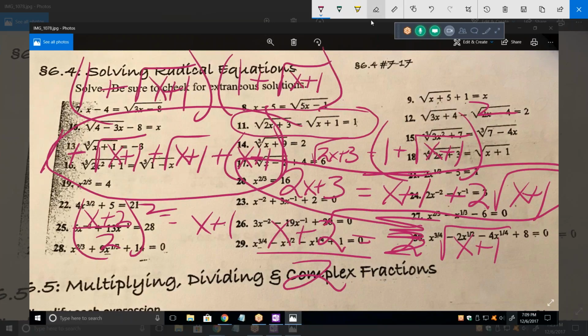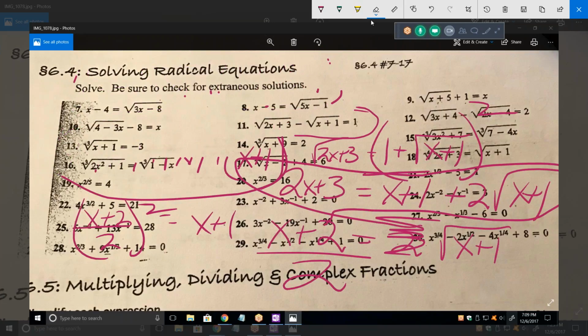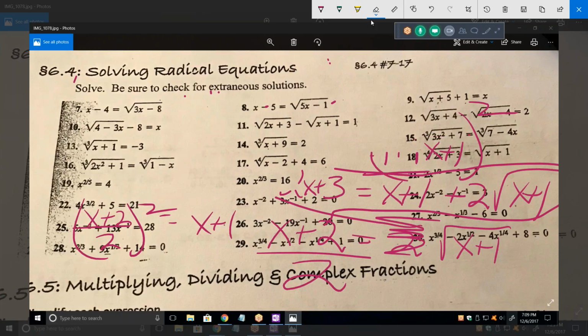Let me erase some stuff here. One problem is I write really big, and these pages aren't big enough for me. I really think writing big is good for teaching, as opposed to having tiny scribbling that you have to squint your eyes to read.